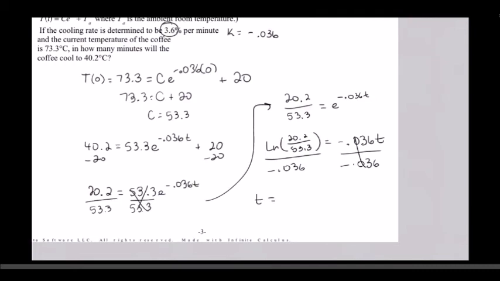So the value of time is equal to the natural log of 20.2 divided by 53.3, divided by negative 0.036. If we type that into a calculator, we get 26.95, or roughly 27 minutes.